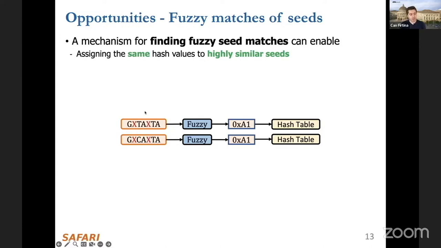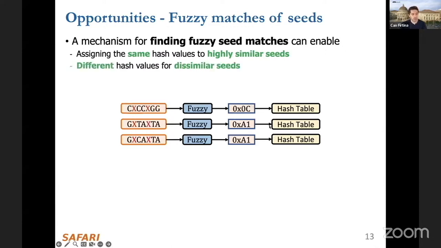Here, assume that we're missing the character where these two spaced seeds differ. But a fuzzy seeding technique could still generate the same hash value, although they differ, because they are still highly similar. Then we can query it in the hash table and find these fuzzy seed matches by just looking at their hash values.